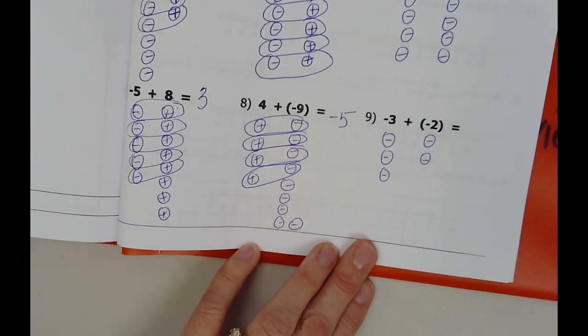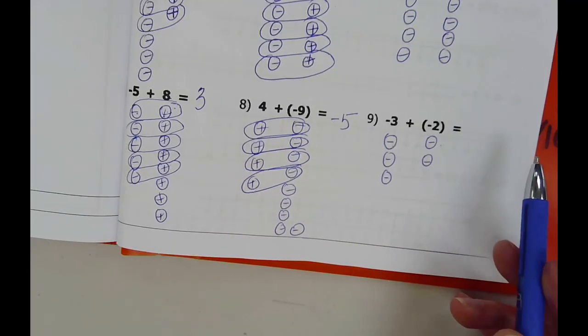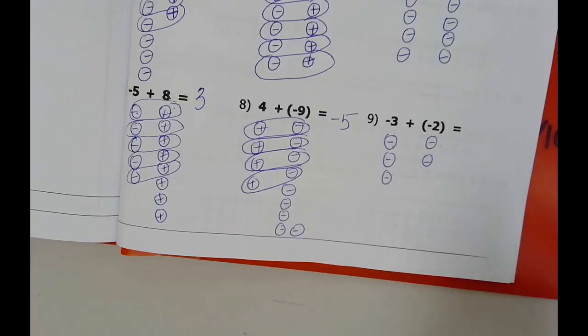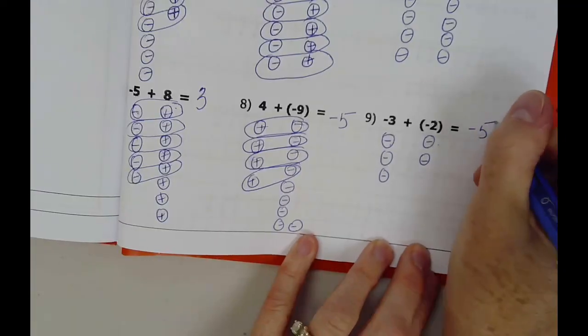Do I need to circle any? No. Why not? Because they're both negative. So this is a negative and this is a negative. If I have 2 negatives, that's a -2. They don't cancel each other out, so I don't have any 0 pairs. What am I going to get for my total amount or my answer when I put them together? What kind of 5? Yeah, don't forget your sign.